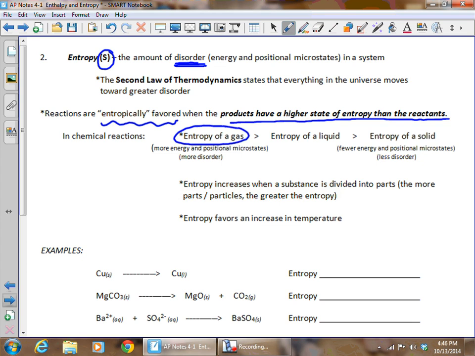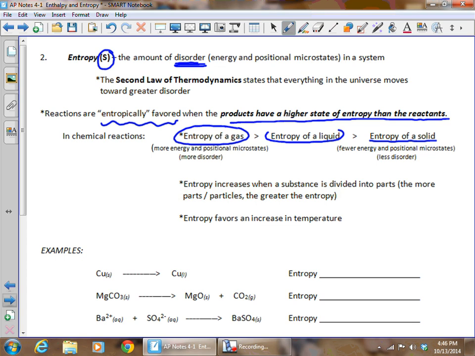So the entropy of a gas is higher than the entropy of a liquid, which is even higher than the entropy of a solid. A gas has more energy and it has more positional microstates. There is more disorder. When you have a solid, there are fewer energy and positional microstates.